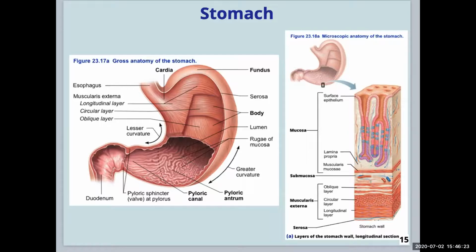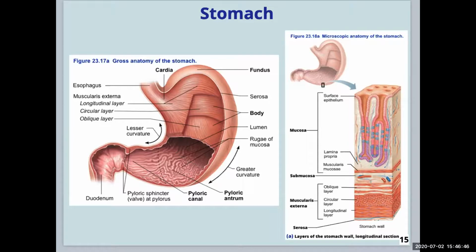I apologize about the mistake earlier. The protein digestion actually begins in your stomach, whereas the fat digestion doesn't begin until the duodenum. Let me repeat that again. Your salivary glands are able to secrete an enzyme that begins the process of carbohydrate breakdown.